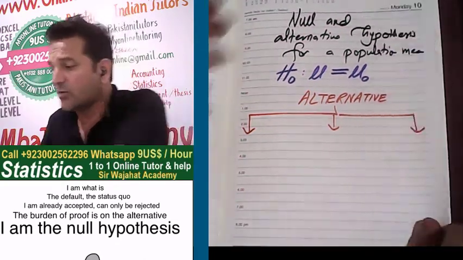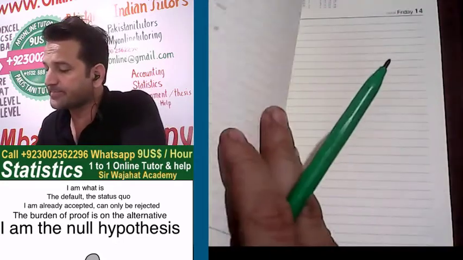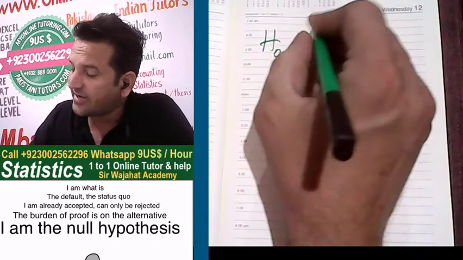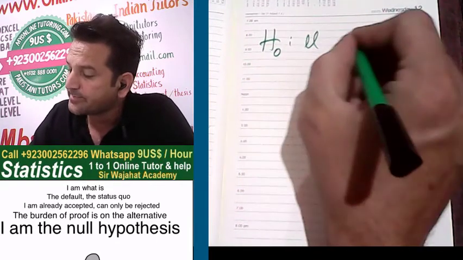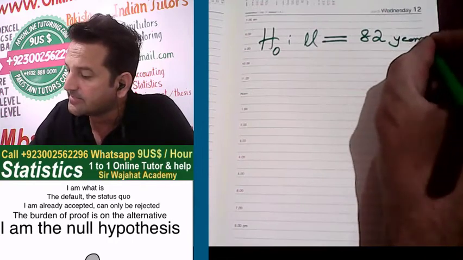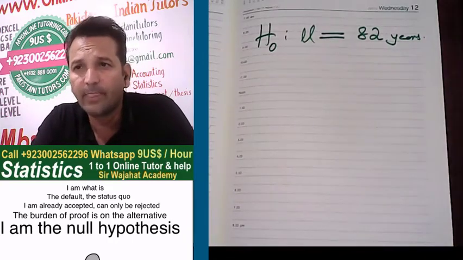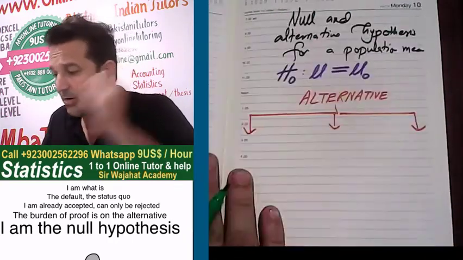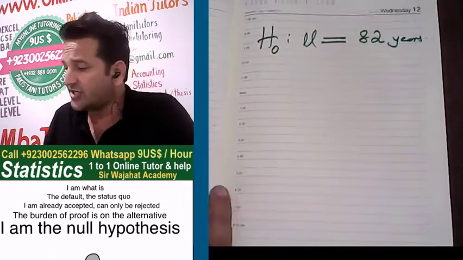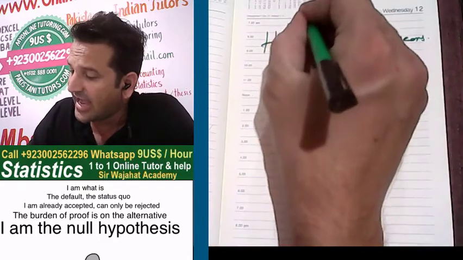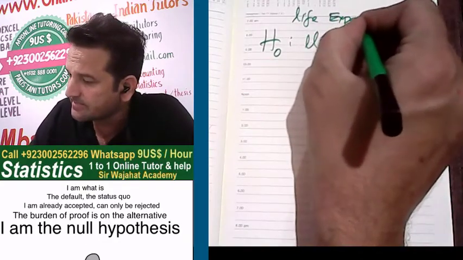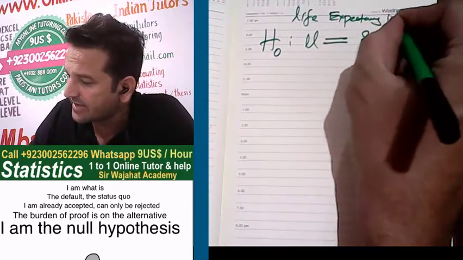So what we do, we will say the null hypothesis will be H naught: mu equals 82 years. So 82 years is the life expectancy in Japan.